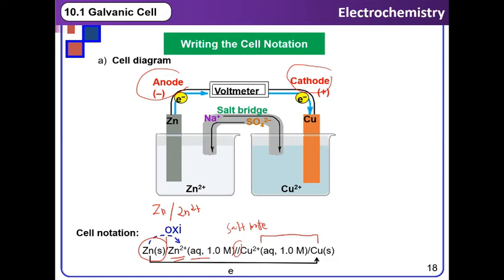Sebab dia menghubungkan dua electrolyte. And this electrolyte is connected with electrode metal. This one pun sama juga. Anode undergoes oxidation, so from zinc become zinc 2 plus, while copper 2 plus undergoes reduction. That means copper 2 plus is reduced to copper.